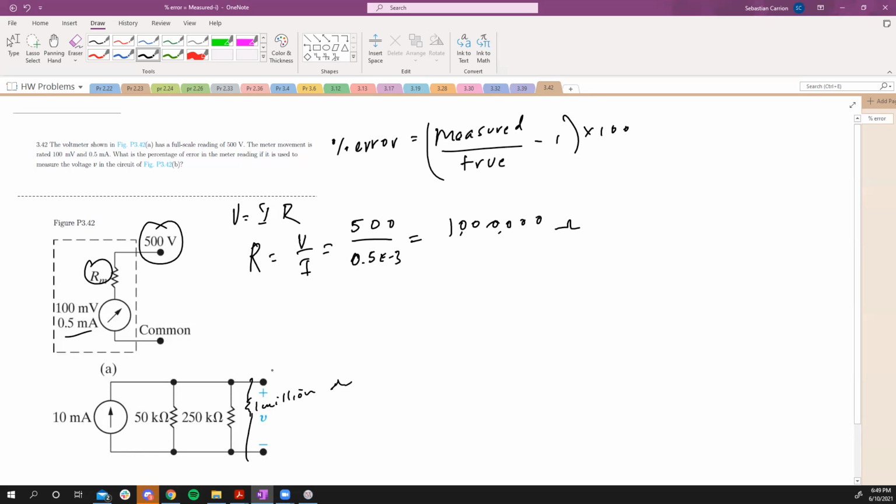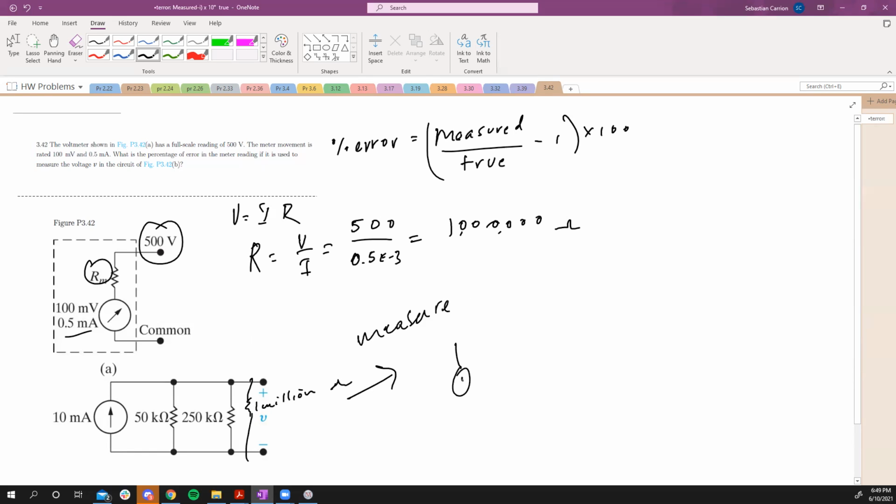So then we would just have a million in parallel with 250K in parallel with 50K. This is going to be what we measure.